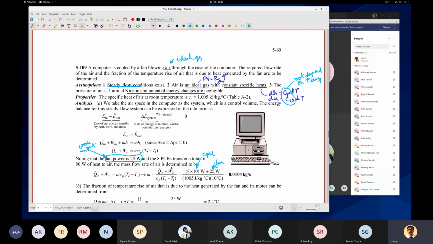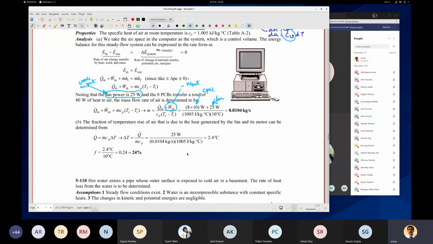Either we can write like this or we can write minus. If we write minus Q minus, then we write W out, and if we write in, then we have to write Q. So this is how we have to do the energy balance.